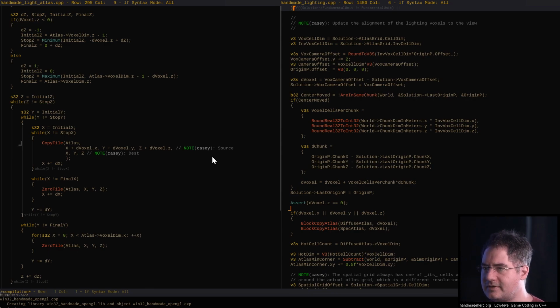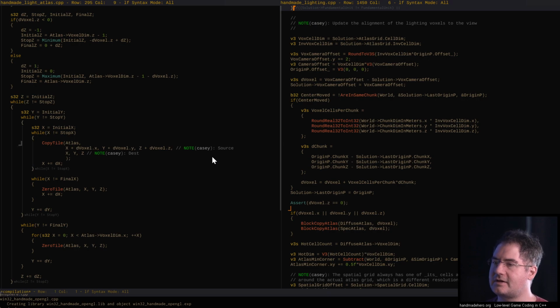The way we're doing this is we're taking the origin value and looking at the delta between them. We are then trying to move.